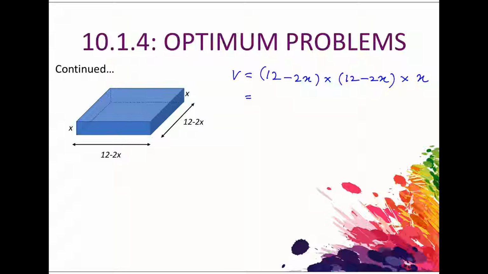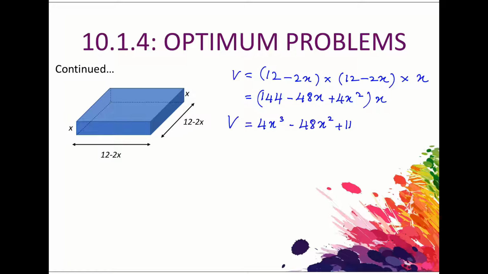So that gives us (144 minus 48x plus 4x squared), and then all together multiplied by x. So finally V is equal to 4x cubed minus 48x squared plus 144x.